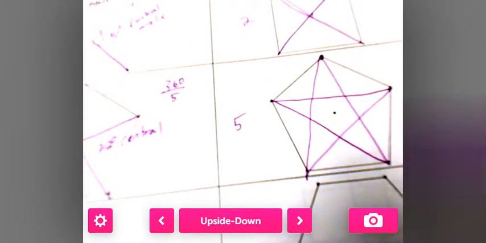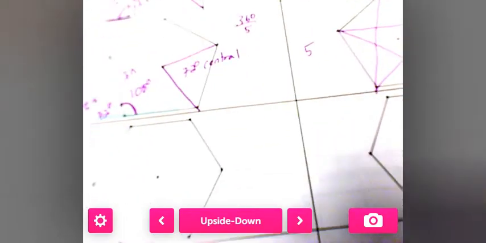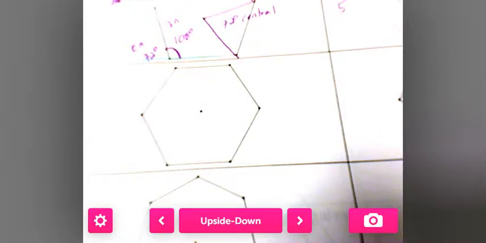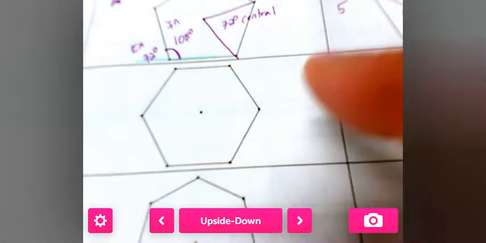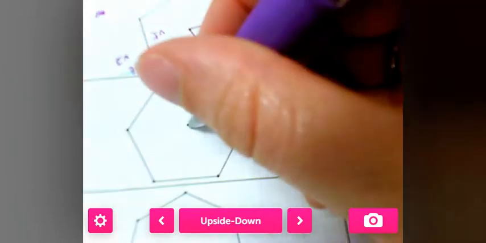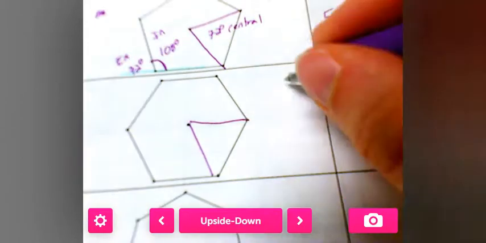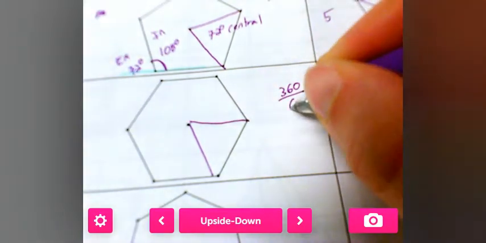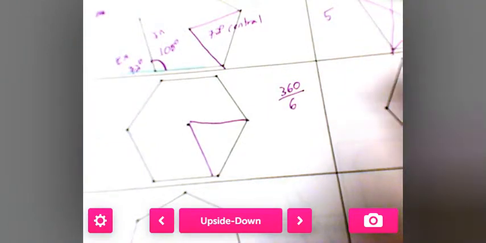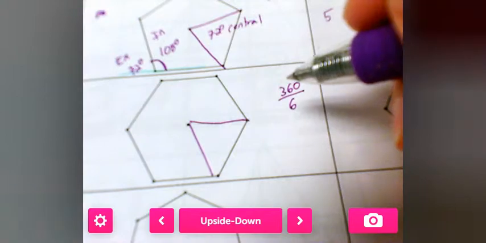Okay, let's look at another one. What shape is this called right here? Hexagon, good. We've got our central angle, and how am I figuring out my central angle right now? 360 divided by how many sides are there? 6. And so what's 360 divided by 6? 6 goes into 36 6 times, right? 6 goes into 0, 0 times.